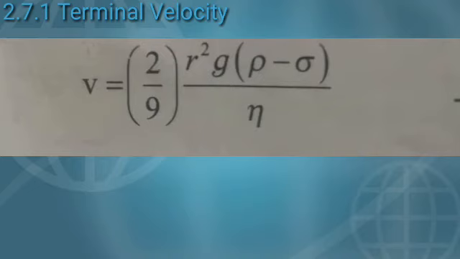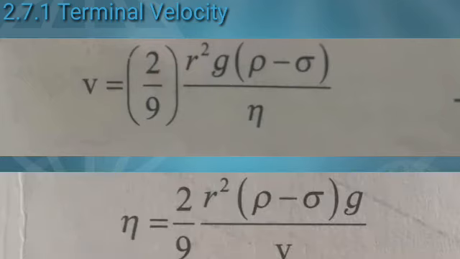From this expression, we can also determine the formula for the coefficient of viscosity. Eta is equal to 2 by 9 r square into rho minus sigma into g by v.